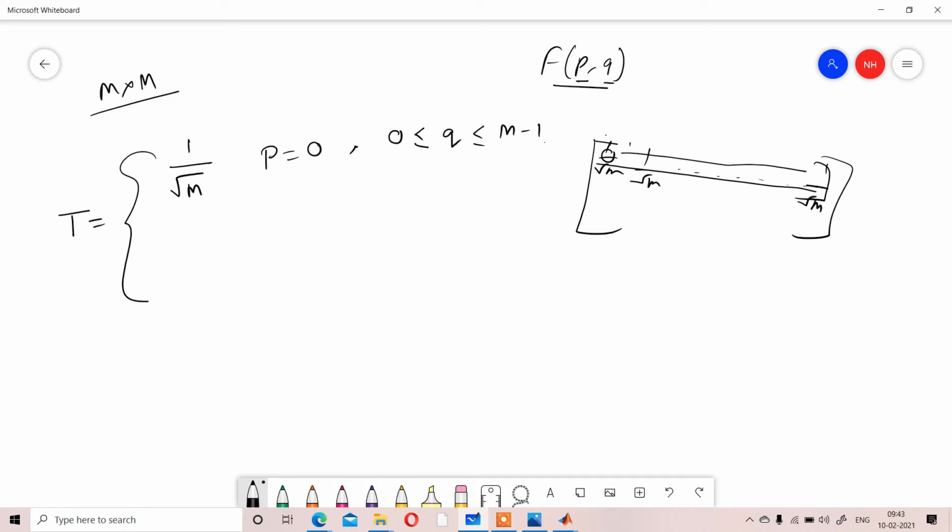Except for that part, you will get the value root of 2 by m, the same as I have considered for alpha p and alpha q.